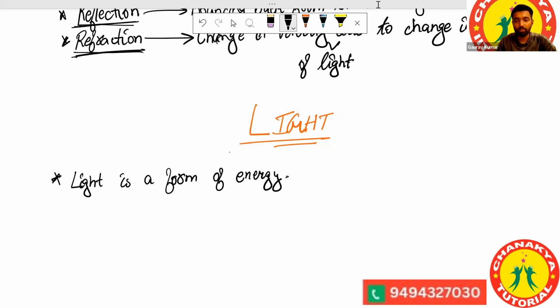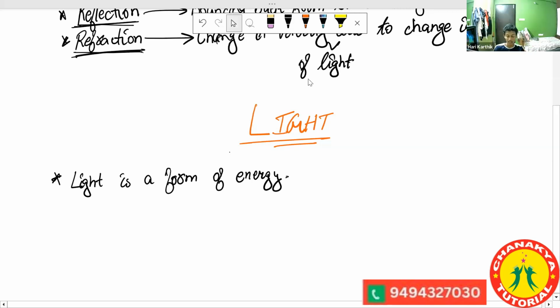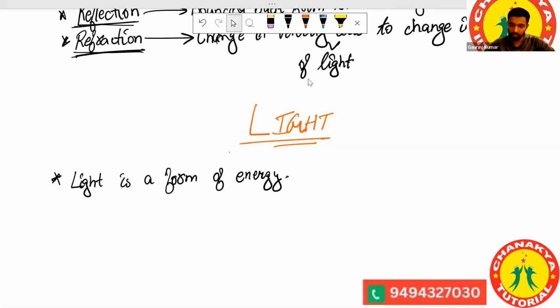Okay, light is a form of energy. How can you say it is a form of energy? What phenomena tells you that it is a form of energy? You can't see it. It is not made up of matter, but how can you say that it is a form of energy?